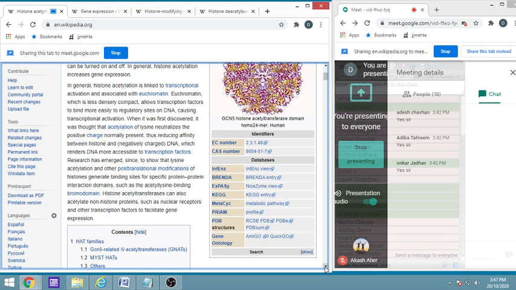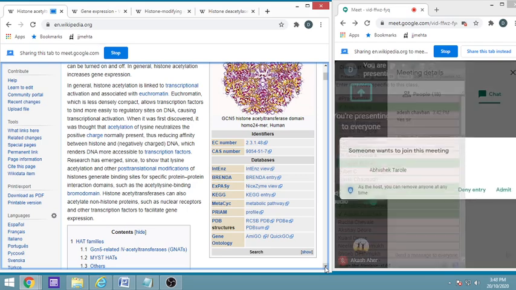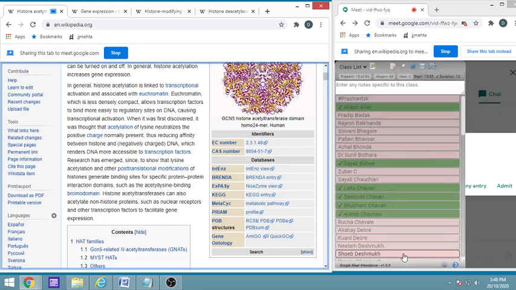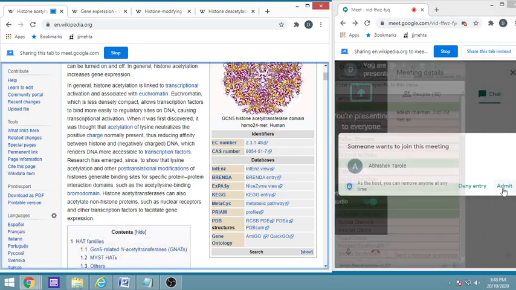Then later it was found that lysine acetylation and other post-translational modifications of the histone generate binding sites for specific protein-protein interaction domains, like the acetyl lysine binding bromodomain. Okay, you need not remember all these names, but this is happening.